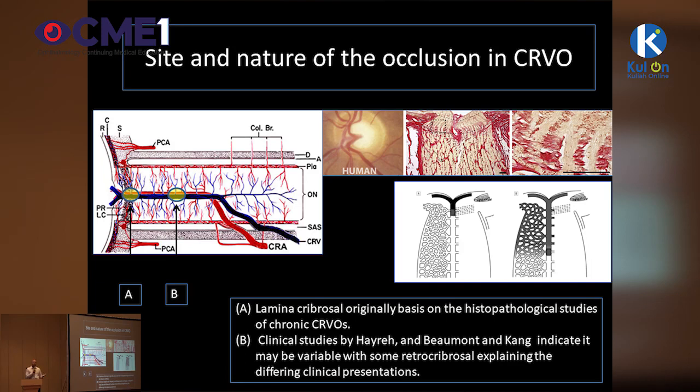There are two reasons why you might get a thrombus there. One is because there is a pressure gradient between the brain and the eye that falls across the lamina cribrosa. The other is because there is actually a compression by the arterial circulation on the retinal vein at the site of the lamina cribrosa. So for both of those reasons, you can get a thrombus forming and a subsequent retinal vein occlusion.